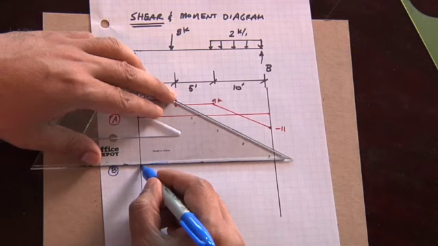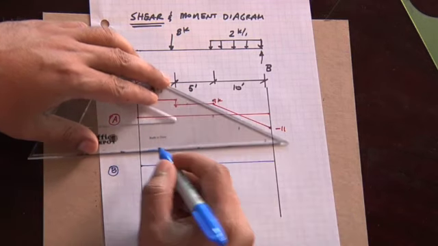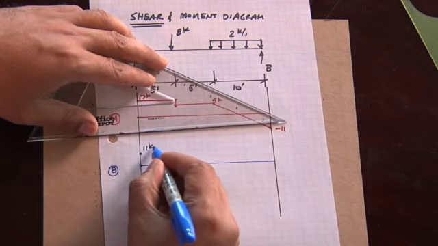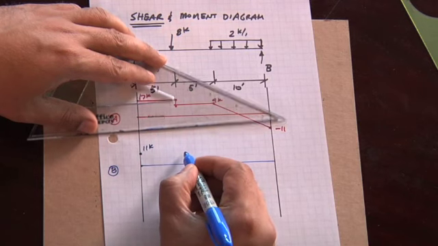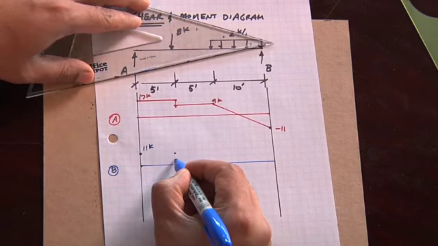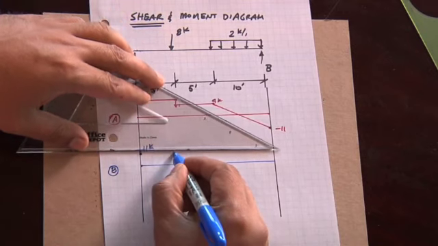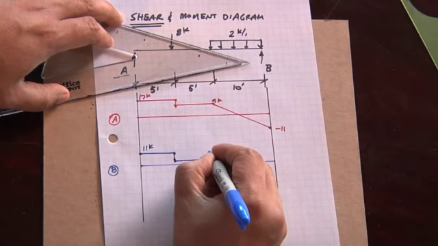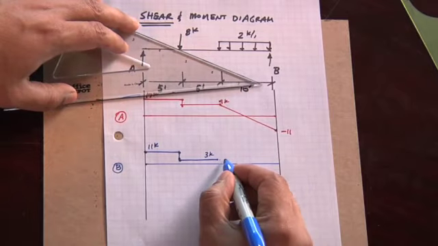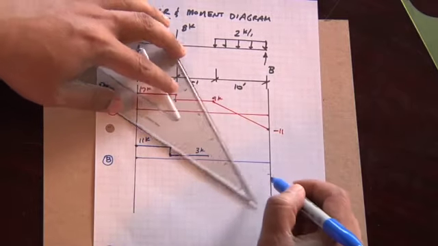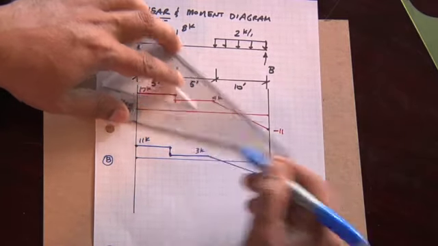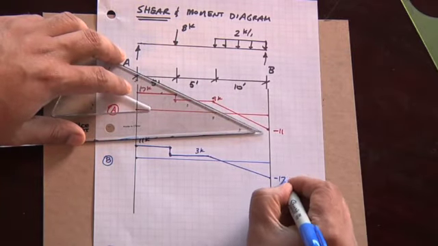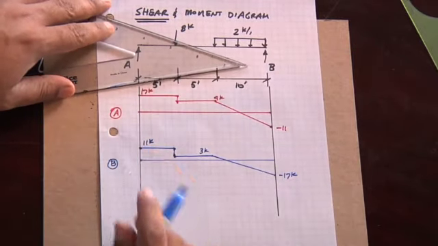Option B looks like this. 11 kips, 3 kips, minus 17 kips. That's your option B.